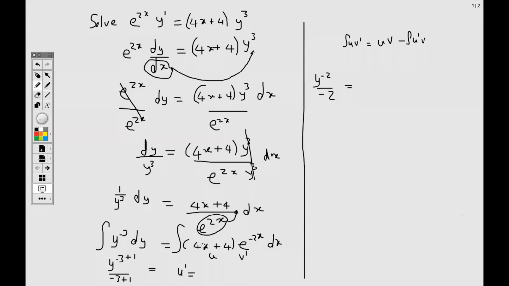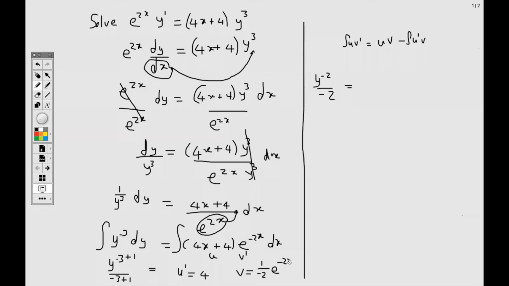Differentiating 4x, I will get 4, and differentiating 4, that will be 0. V prime, to get it to be v, we have to integrate this. So integrating this, I will take 1 over the coefficient of x times the exponential.